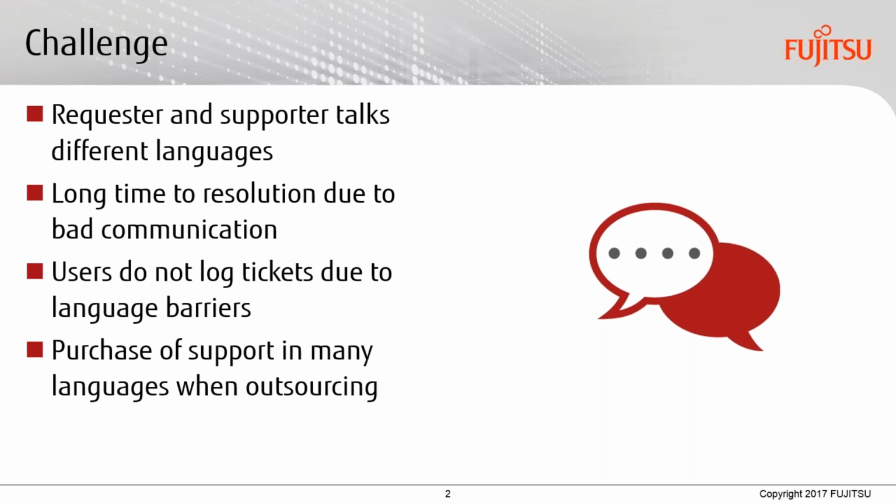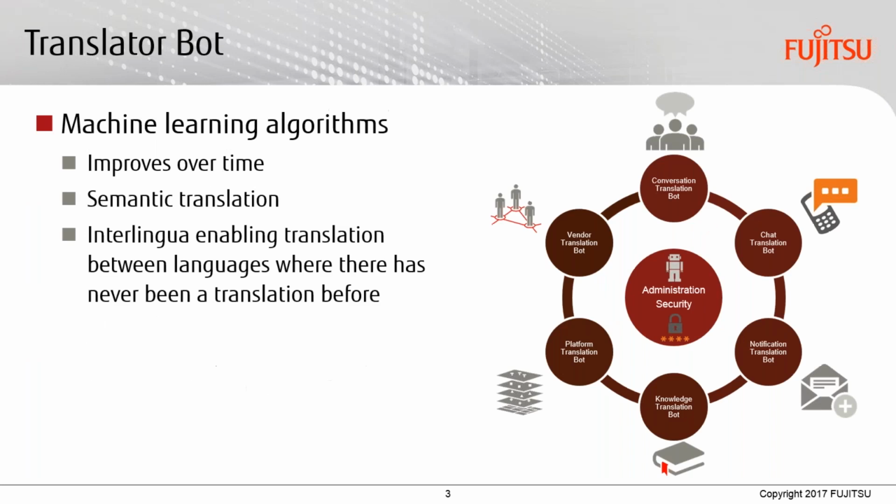So this is one of the additional things that if you are a company that operates within 30 countries, you would also need to buy your language support in 30 languages, maybe a little less, but nevertheless, that has a huge financial impact.